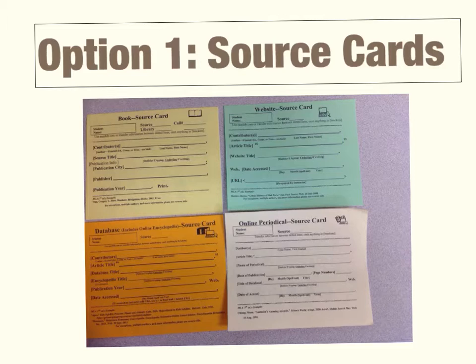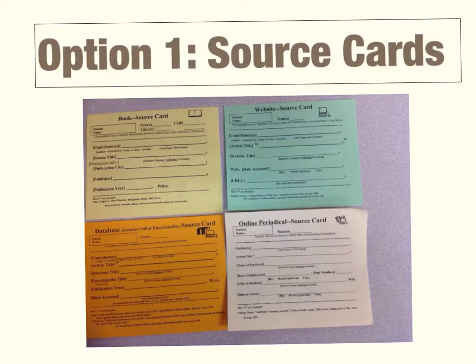Here at Julian, we have a number of source cards to help you with your citations. They are different colors for the different types of sources. And I've shown you a picture here of a source card for a book, for a website, for a database, for an online periodical. Many of these, the ones pictured, are probably the ones that you will need to use for this research project.